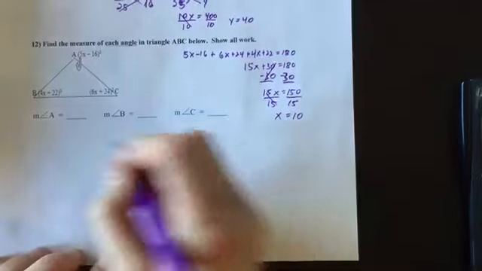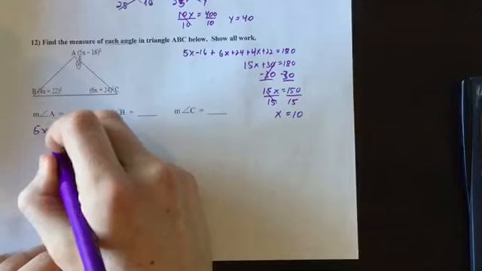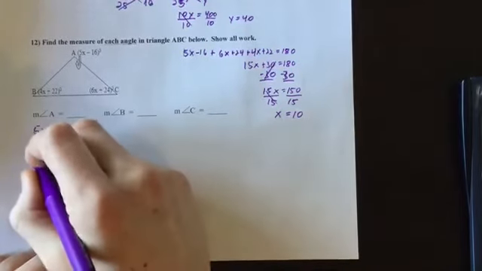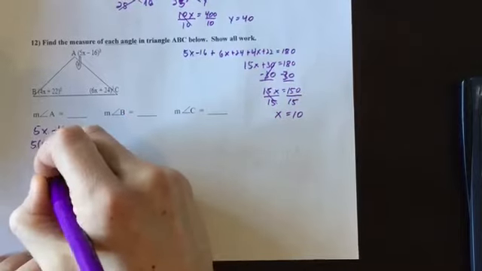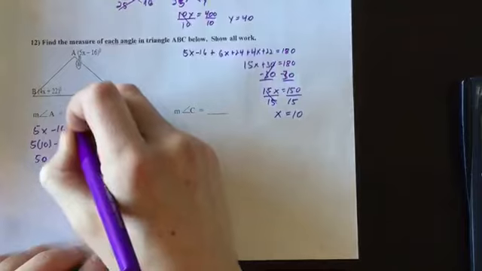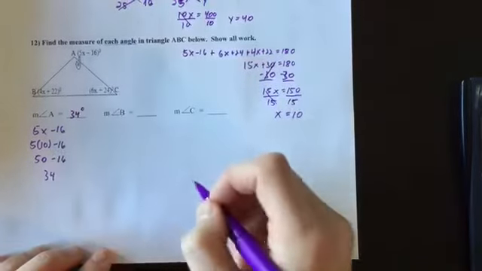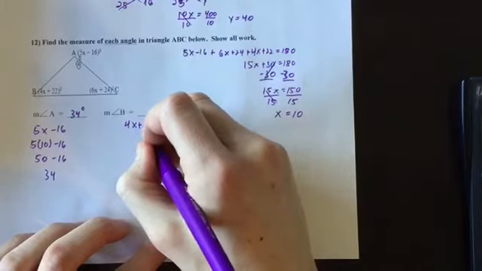Then we have to figure out all our angle measures. So we've got to substitute into those expressions. 5x minus 16. So that's going to be 5 times 10 minus 16. 50 minus 16, which is going to be 34. So the measure of angle A is 34 degrees. B, 4x plus 22.